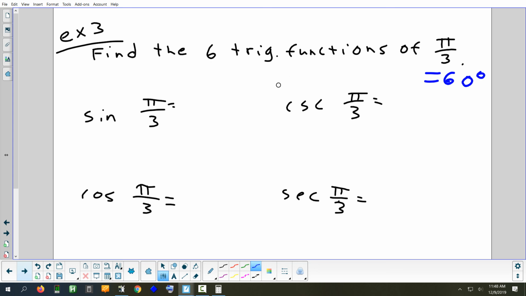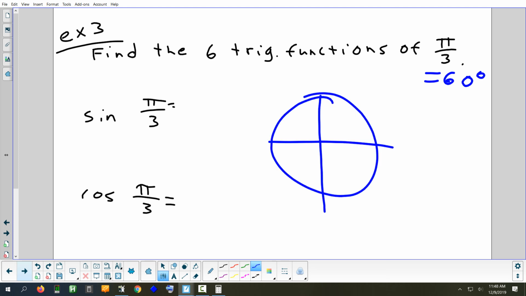So now, in my head, I'm trying to think of what a 60-degree angle looks like. 60 is up here. Make your triangle. 60 is more towards the top. How long is the bottom side? 1/2, because you're dealing with a number that is a multiple of 30.